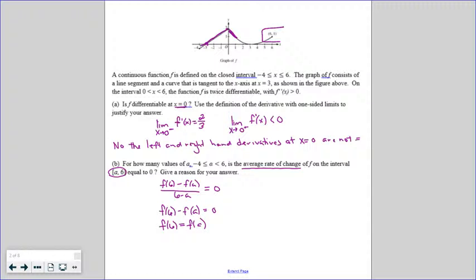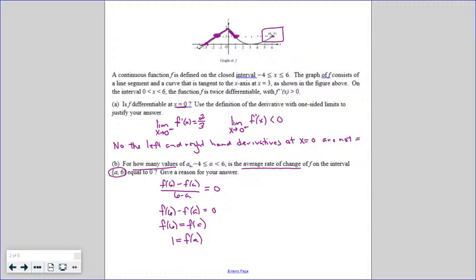F of 6 they specifically give us in this picture. F of 6 is 1. So what I'm looking for is how many values of a I can find so that its function value is 1. As we look across this picture, here's 1. If I look across the picture, I can see that it would be 1 again right here, and 1 again right here.